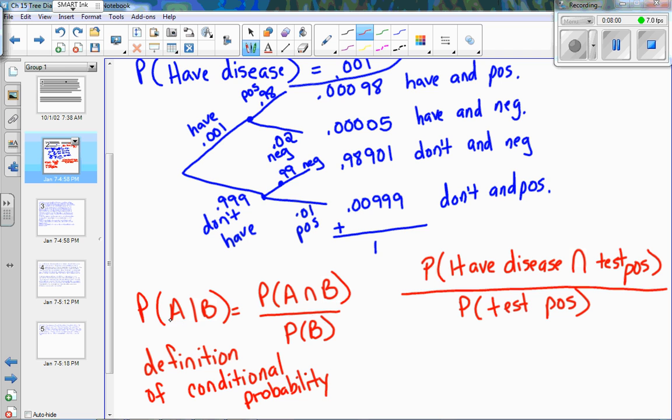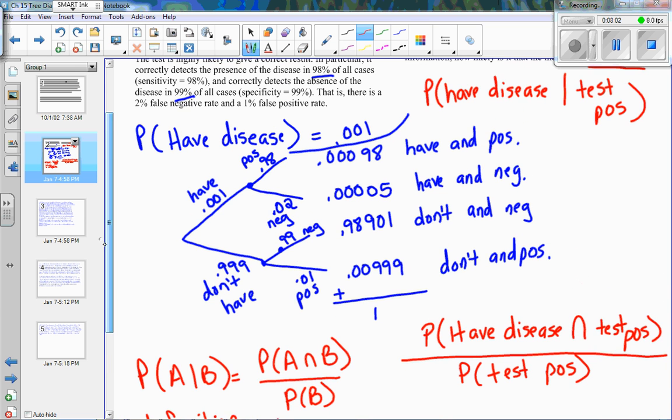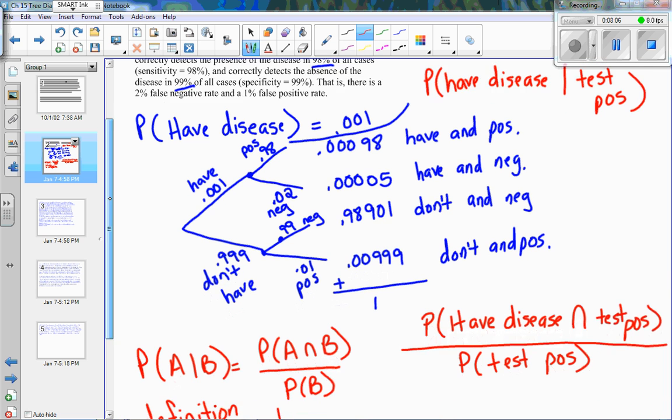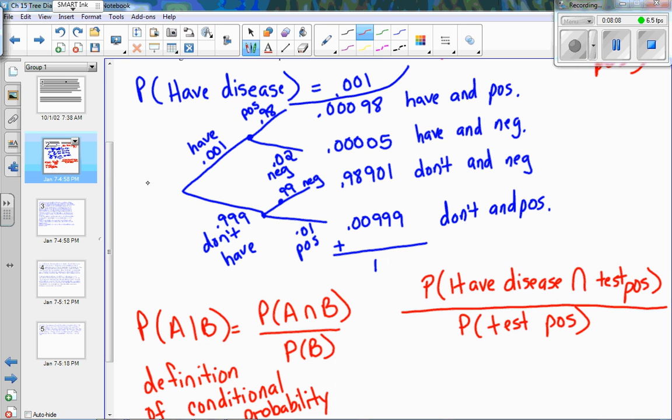Okay, because the A is like having the disease and the B is like testing positive. The given part is what goes in the denominator. So this is what I have, and I have these numbers right here on my tree diagram. The probability that they have the disease and they test positive is this one right here.